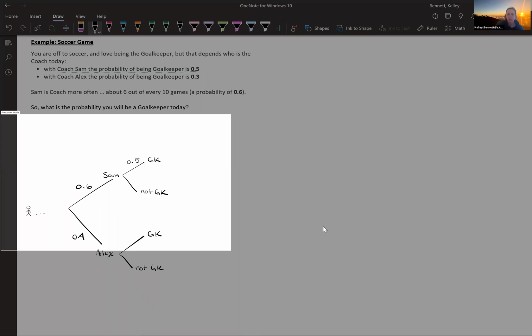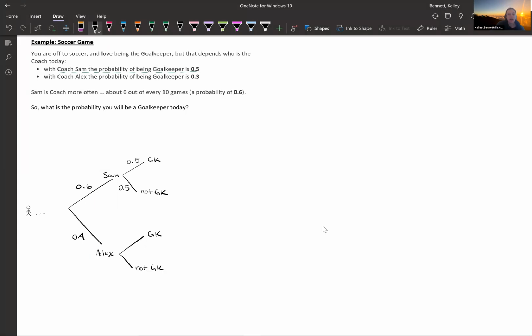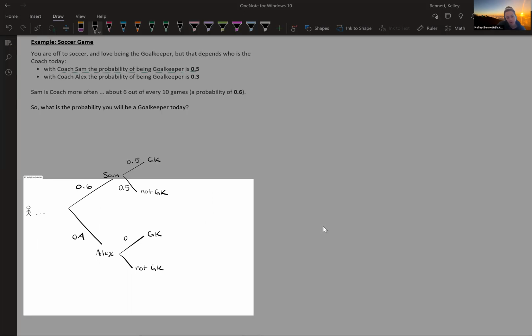Again, appealing to complements, if Sam's coaching, I've got a 50% chance of being goalkeeper, which means I also have a 50% chance of not being the goalkeeper. If Coach Alex is determining the positions, then the probability of being goalkeeper is 0.3. So the probability of not being goalkeeper is 0.7.